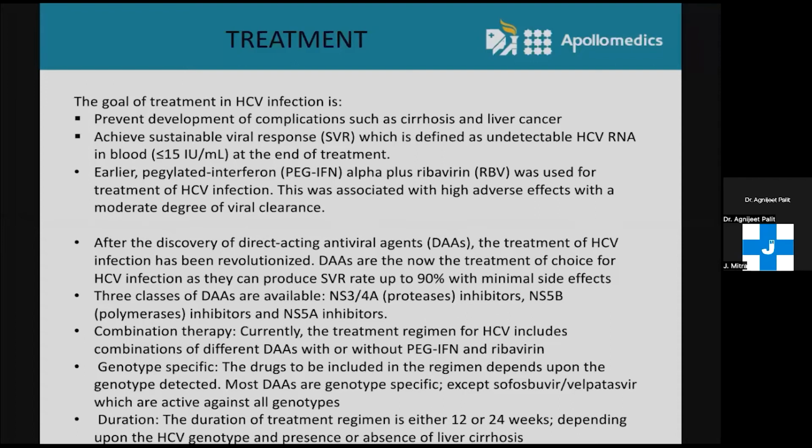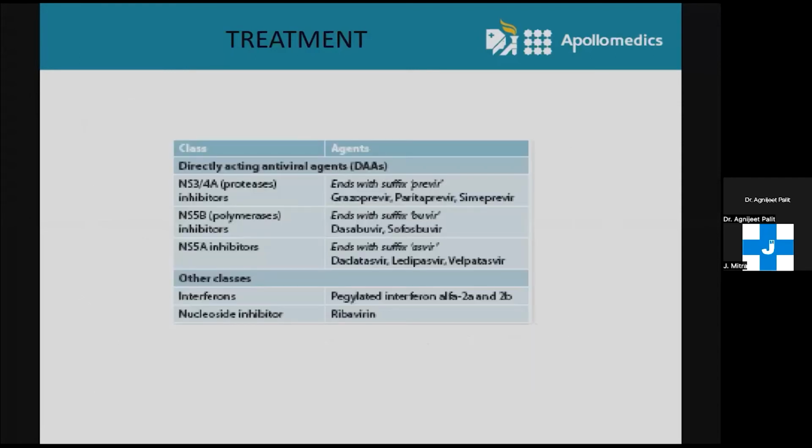Duration usually is either 12 or 24 weeks, depending upon the HCV genotype and the presence or absence of cirrhosis. If you see the different types of agents, the NS5A inhibitors are those ending with asvir, the NS5B polymerase inhibitors are those ending with buvir, and the NS3/4A protease inhibitors end with previr.